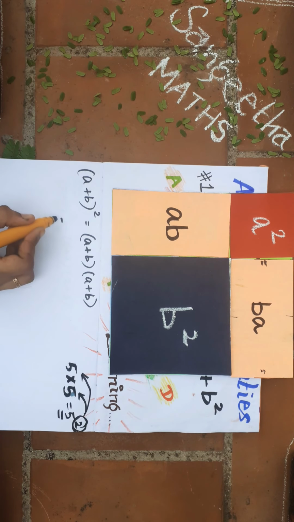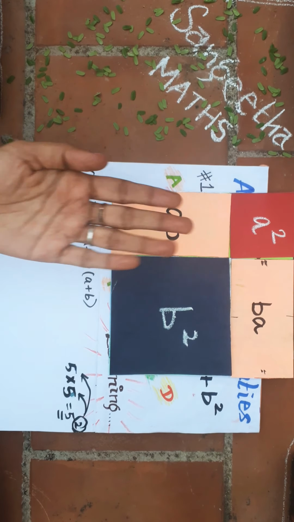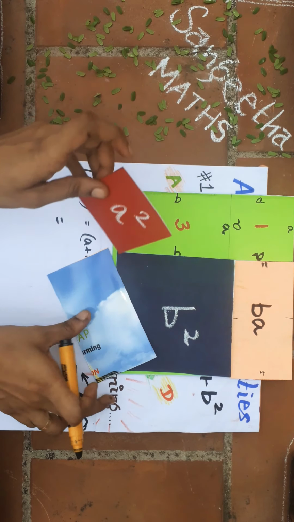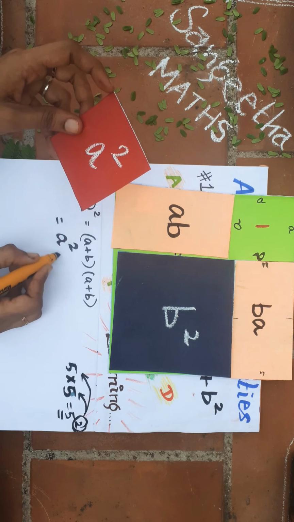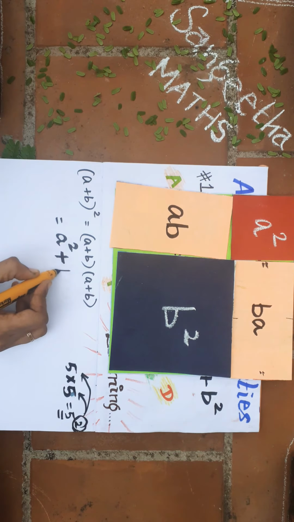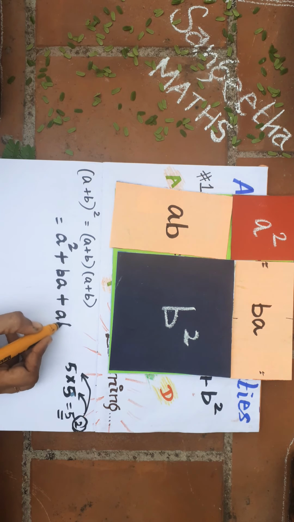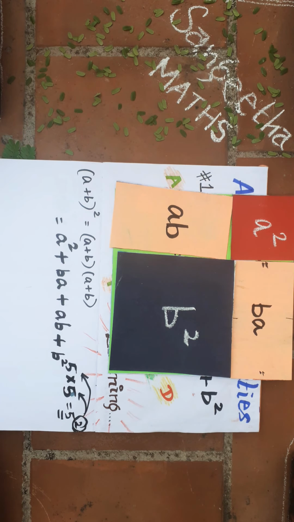So I'm going to say that A plus B, the whole square, the area of the complete base square, is equal to the first part, A square, plus the second part BA, and the third part AB, and the fourth part B square. And we talk about like terms.